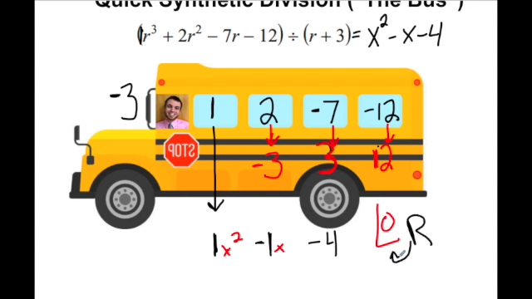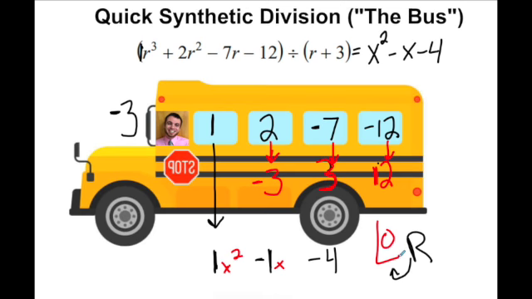A couple of things that are nice about it: we only rely on the coefficients, and the remainder stands out right away. One of the challenges with the box method was that you had to think through and use some logic to figure out the remainder, whereas here the remainder jumps out right at us.